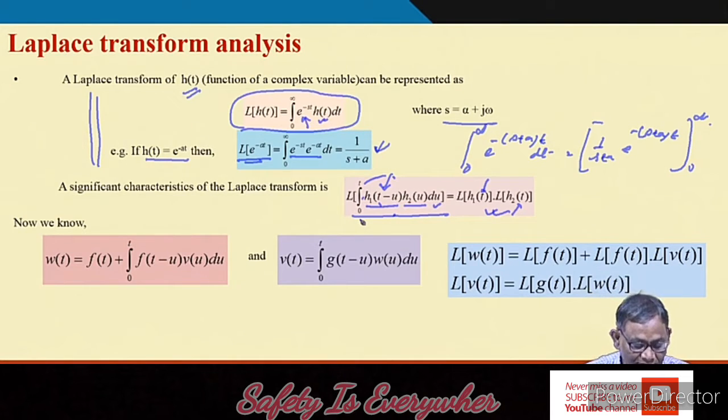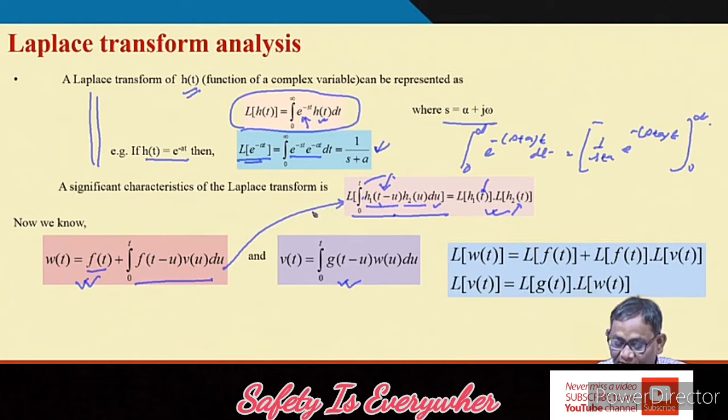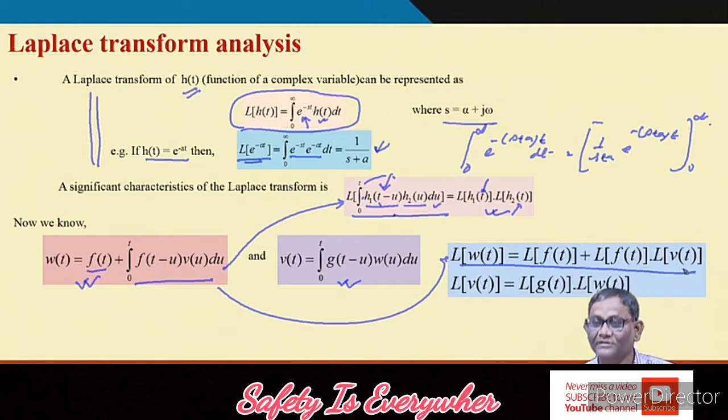Now, if you recall or just see our equations, what is the Wt equation, what is the Vt equation, you see that it has two components: one is ft, another one is the integration of this. Now, if we use this property, then this will ultimately lead to this equation.